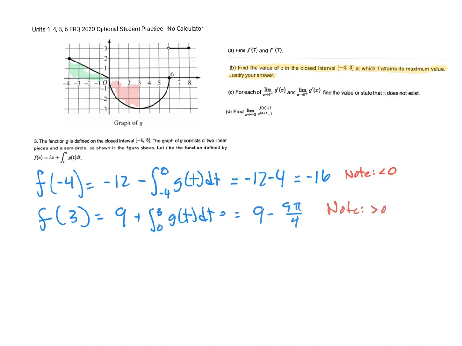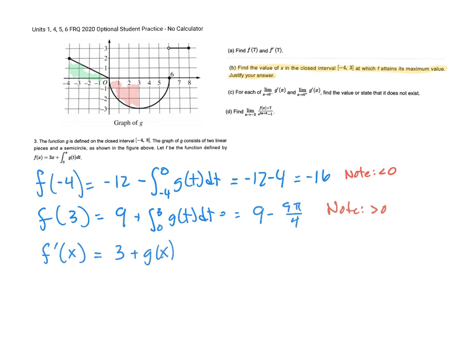Now, as long as this function doesn't have any critical points, or we check the y values on the critical points it has, then we know it looks like this thing's always increasing. Let's just double check. The derivative, which we've already talked about, is 3 plus g of x.